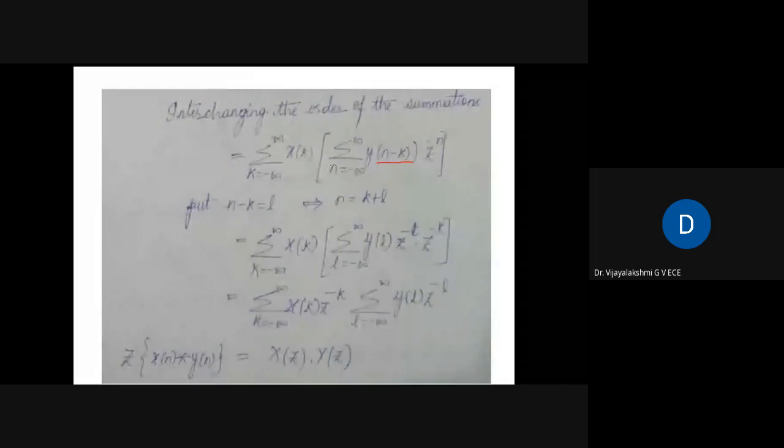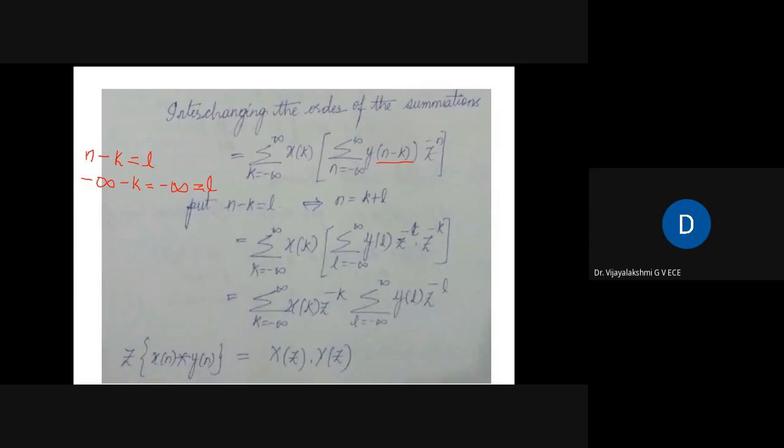Whenever n is minus infinity, L is also minus infinity, because minus infinity minus k is nothing but minus infinity, which is L. So if n is plus infinity, infinity minus k, L becomes infinity. So that's how the index in the summation changes.